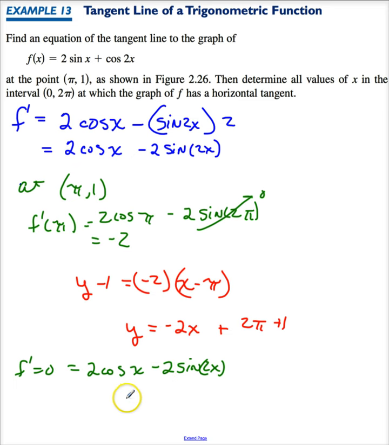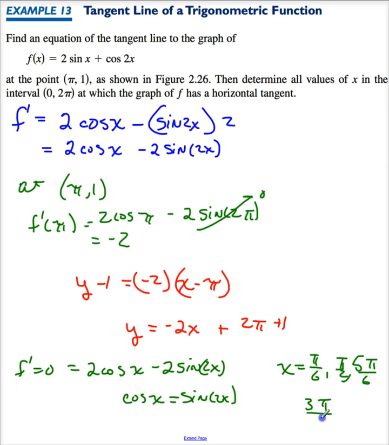So pretty much whenever cosine of x is equal to sine of 2x. And you can do this with a number of trig identities. It turns out these values are when x is pi over 6, pi over 2, 5 pi over 6, and 3 pi over 2. And we want to stop there because we're only looking at the interval from 0 to 2 pi.